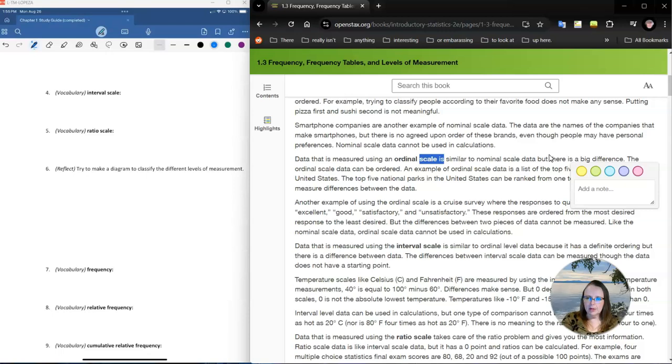The interval scale is something that uses data that can be measured. So this is quantitative now. Intervals are quantitative. And there are very few examples of data that is appropriate for an interval scale. But one of them is temperature.